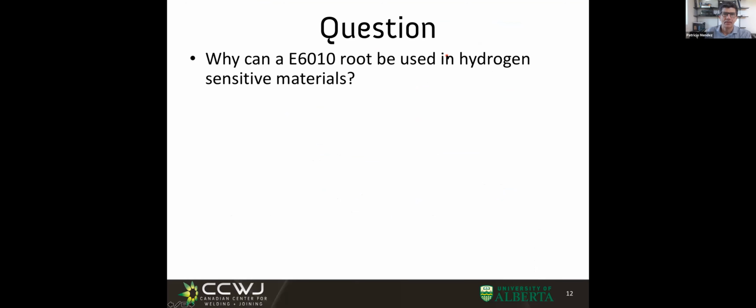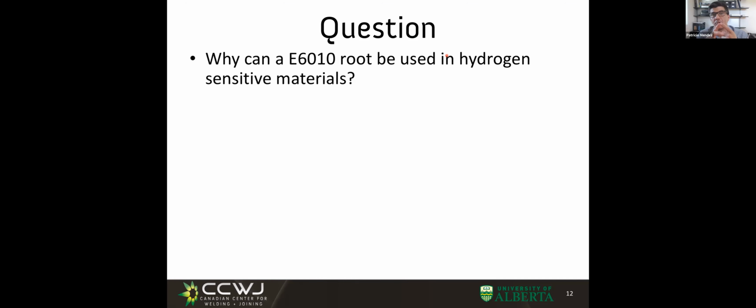All right, I have a question now, a question I haven't explained yet, but I did explain way back when we were talking about terminology, but let's see how much we can put together now. Why is it possible to use 6010 to make the root in pipelines when those are hydrogen sensitive materials?